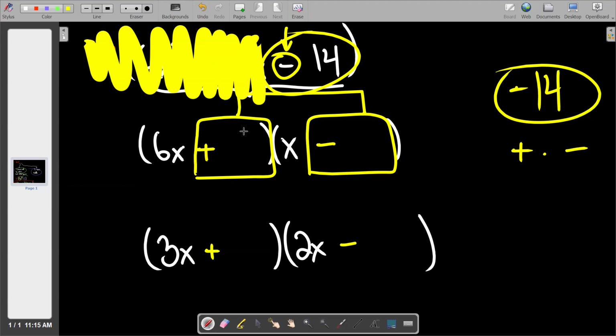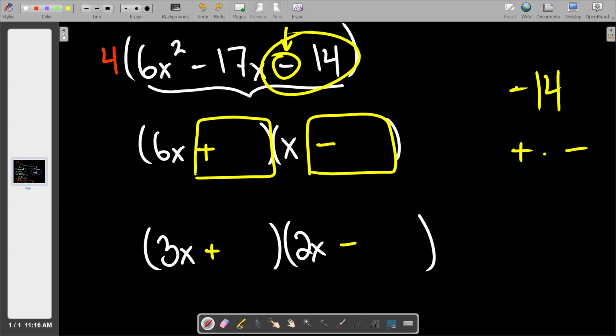The 17 has no say in this. We'll do a problem here in a little while if you'd like. I can show you that there are times when the number in the middle actually matters, like number 20 or number 14. But in this case, the 14 says it all. He says, if I'm a negative, there's one of each. Don't worry about the 17, okay? We'll make him later.